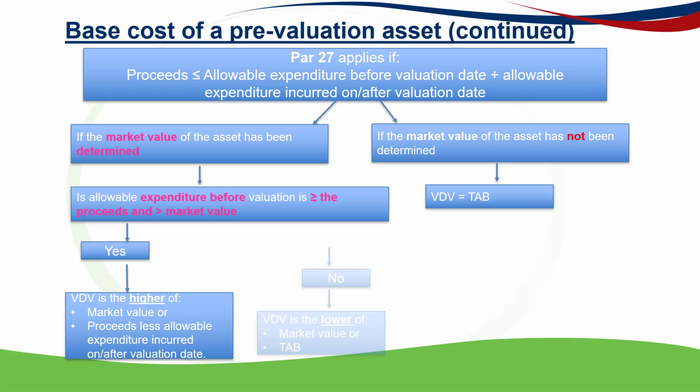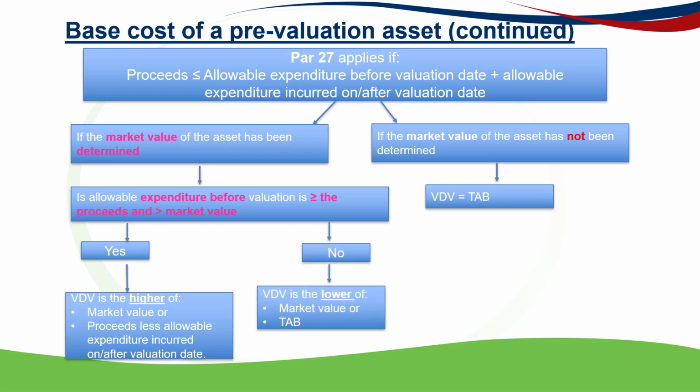If that is not the case, then the valuation date value is the lower of the market value or TAB. Remember, we will provide the market value to you. We will also provide TAB. You need to know how to use it.